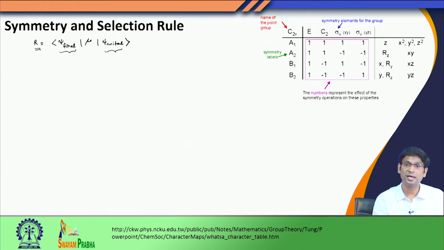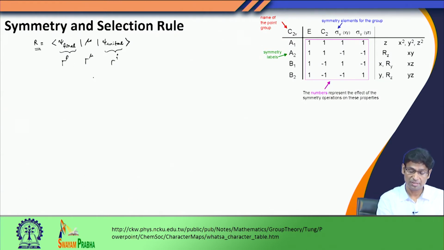each vibrational state will have a symmetry. So, suppose I call the symmetry of the final state gamma final, and the initial state symmetry, or the irreducible representation corresponding to the initial state, gamma initial. The electric dipole moment operator also has a symmetry.